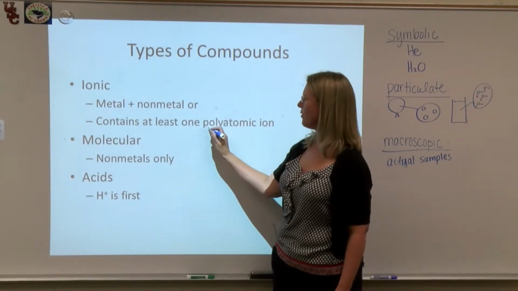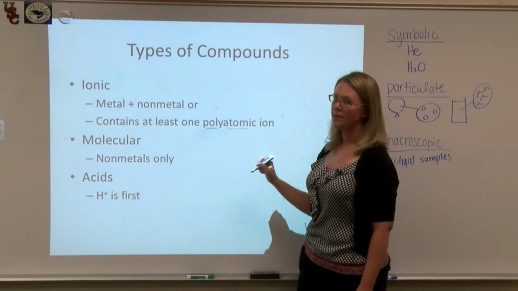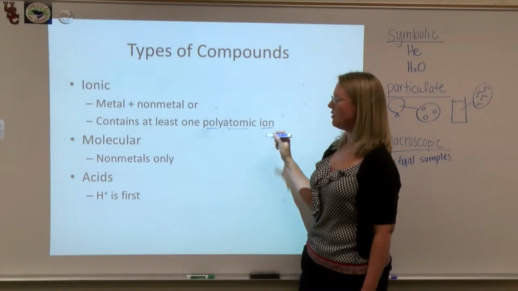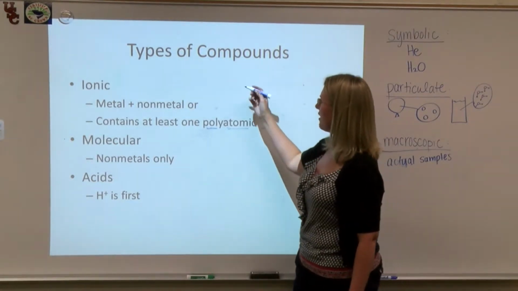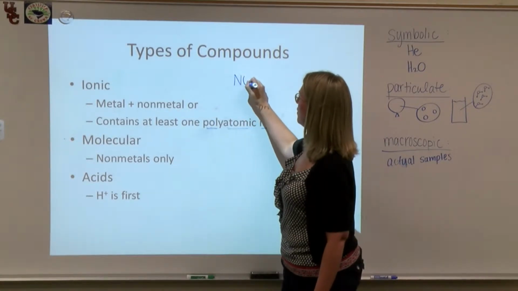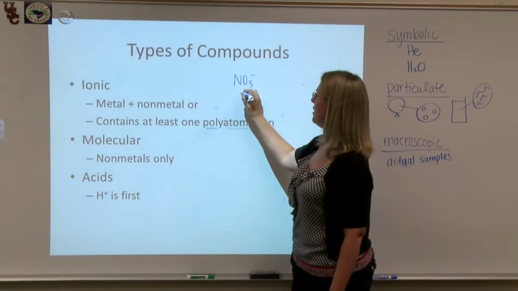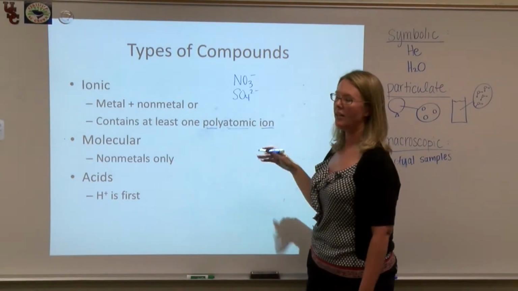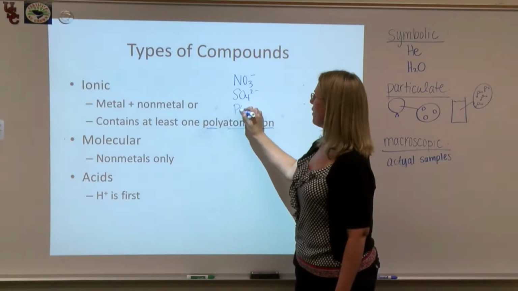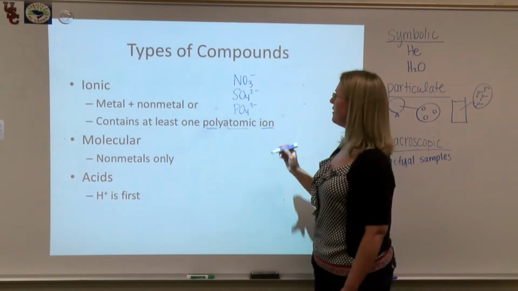So let's look at this word for a minute. Poly means many, atomic means atoms, and ion means charged particle. Examples of polyatomic ions that are common and that you should know are NO3 negative, which is nitrate, SO4 2 minus, which is sulfate, PO4 3 minus, which is phosphate.